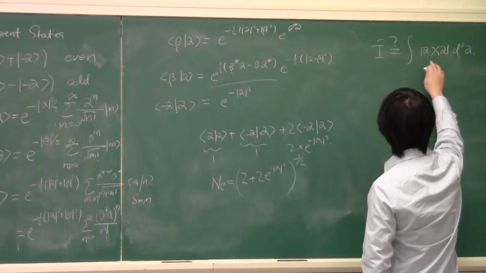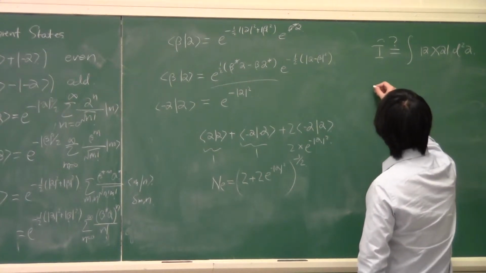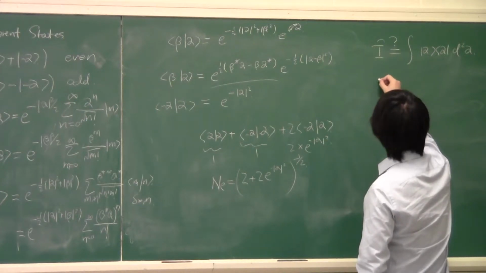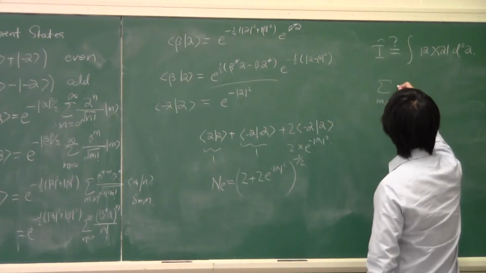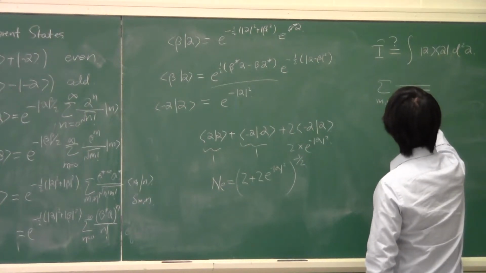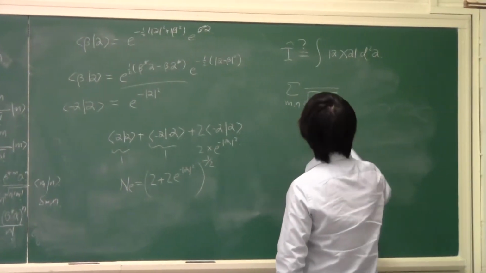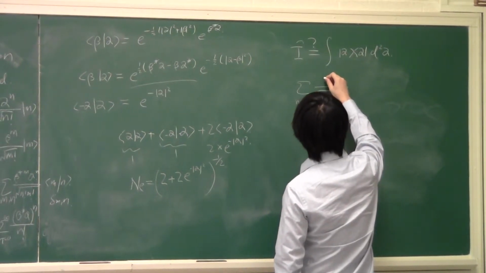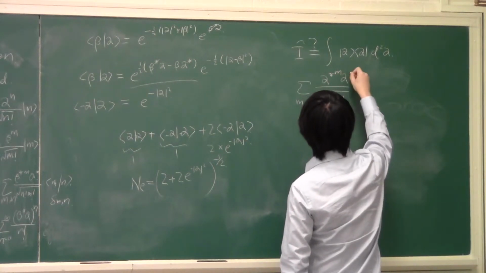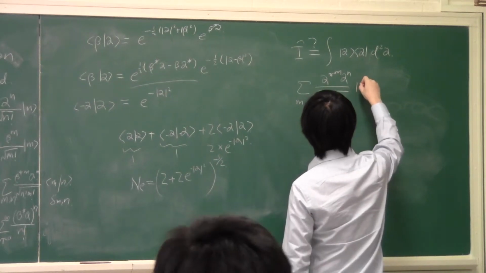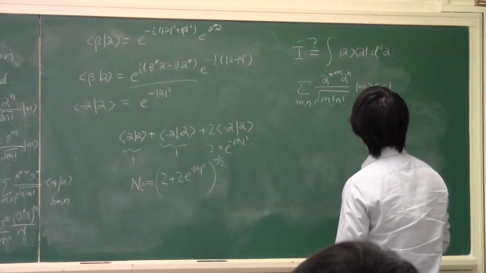For this alpha I'm going to use the index n, and for this alpha I'm going to use the index m. So the outer product looks like a summation over m and n. Again we have this square root of m factorial n factorial thing, and then alpha conjugate to the m, alpha to the n, ket m bra n.